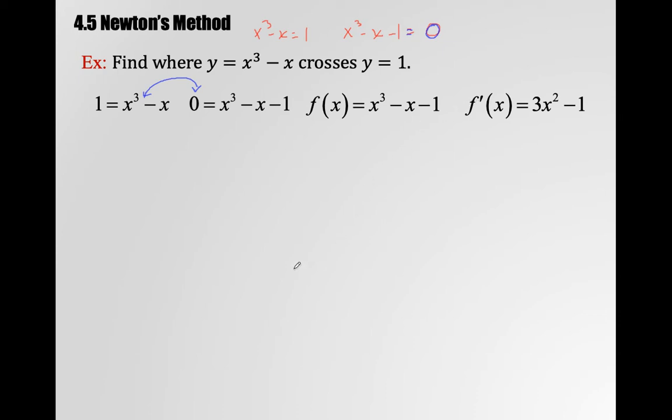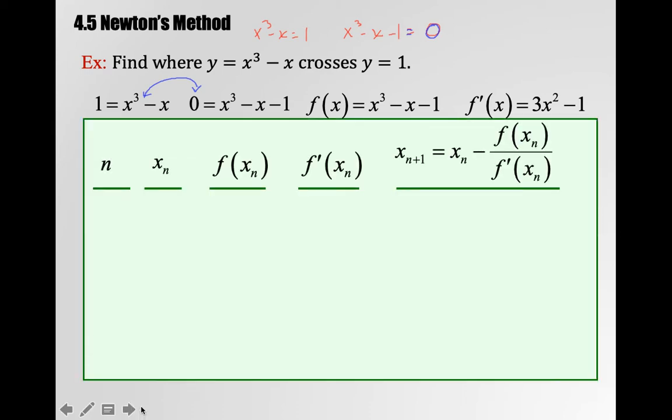And now I'm going to make a table. You do not have to make a table like this, but AP recognizes this as Newton's method work, and so do we. So some students just like to run through the steps like I gave you in the previous problem. Some kids like to organize with a table.